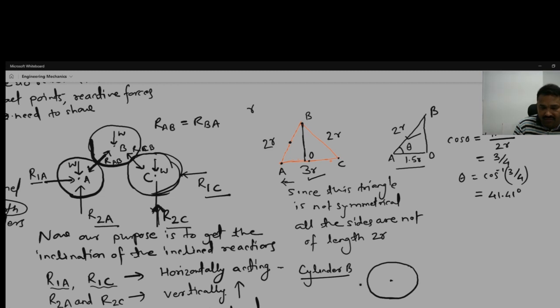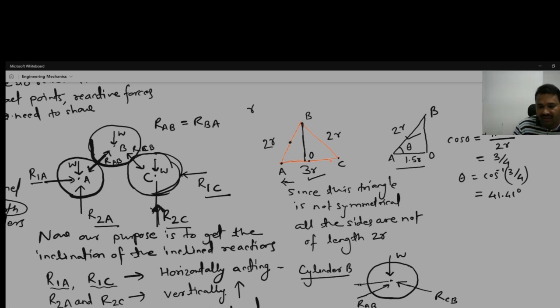Okay, the weight of this, it is W, and reaction here, reaction here, it is R A B, it is R C B. Okay, so what about angle?